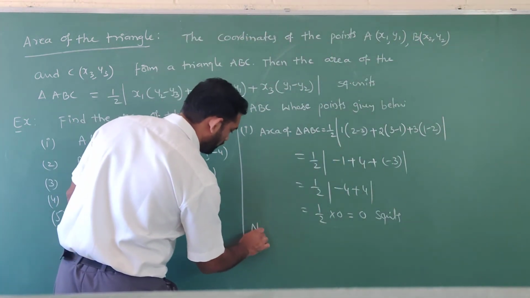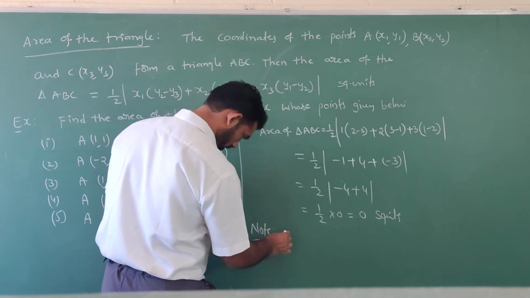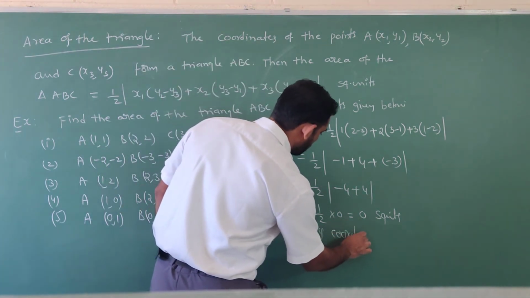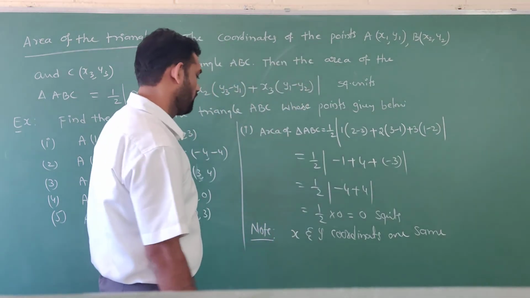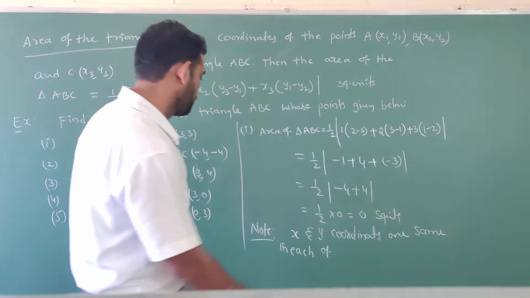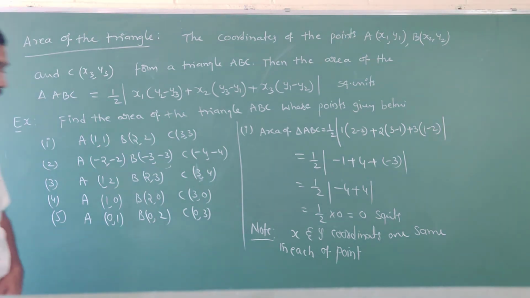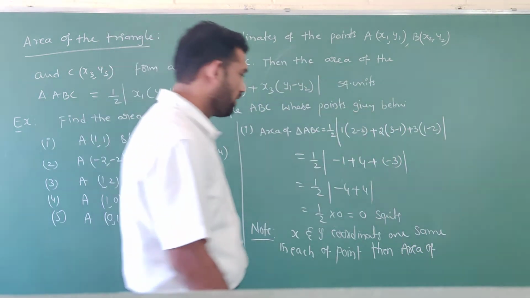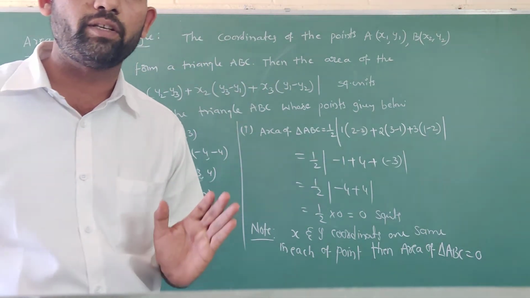So note this point: if the x and y coordinates are the same in each point, then the area of triangle ABC is equal to 0.